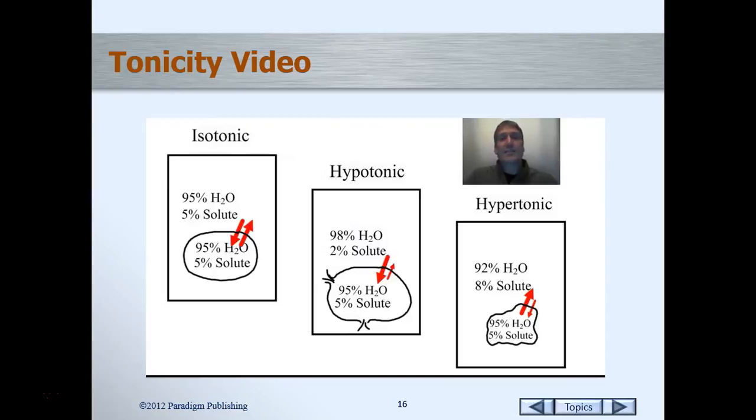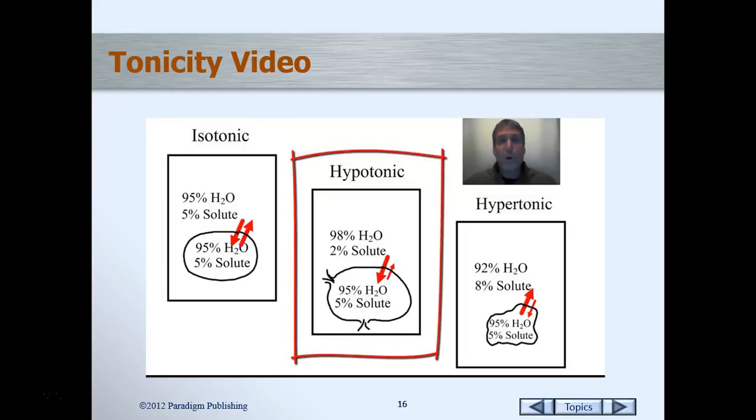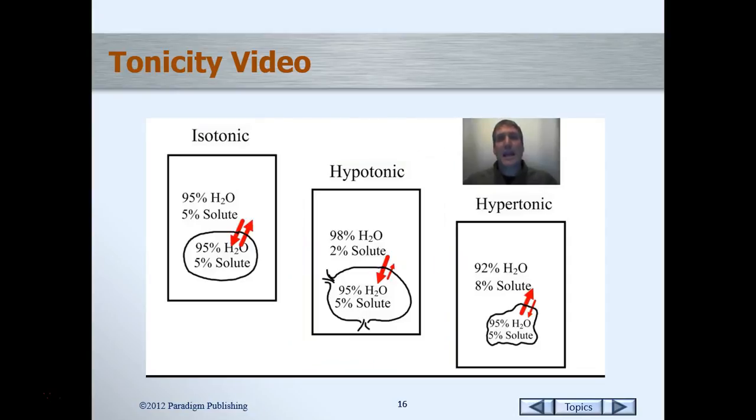Once you understand these three environments, you'll understand diffusion in cells. If it's an isotonic solution, there's no concentration gradient and no net movement of water. In a hypotonic solution, water will diffuse into the cell, causing the cell to expand, and in a hypertonic solution, water will diffuse out of the cell, causing the cell to shrink. I hope that was helpful.